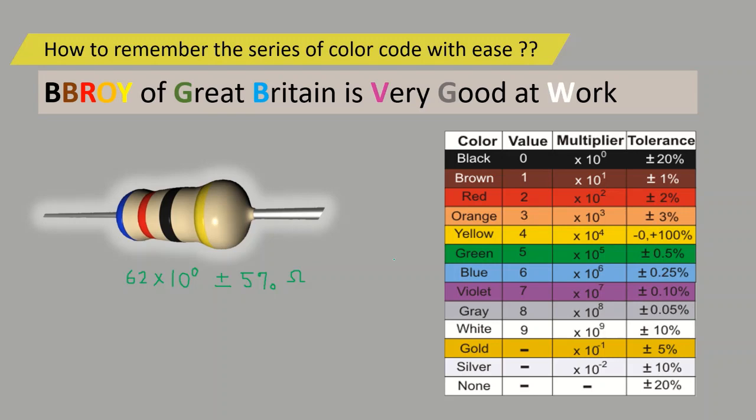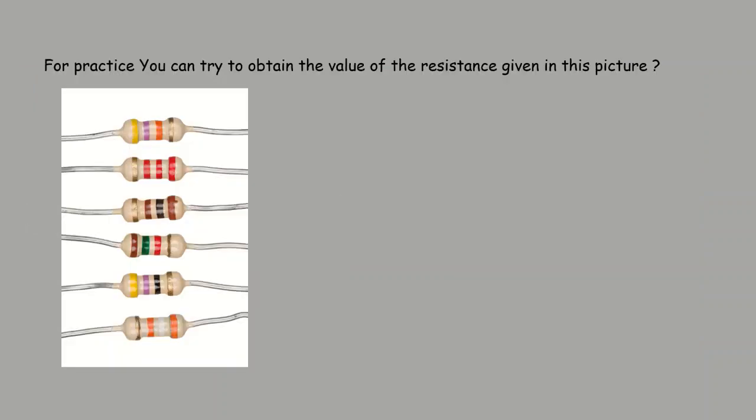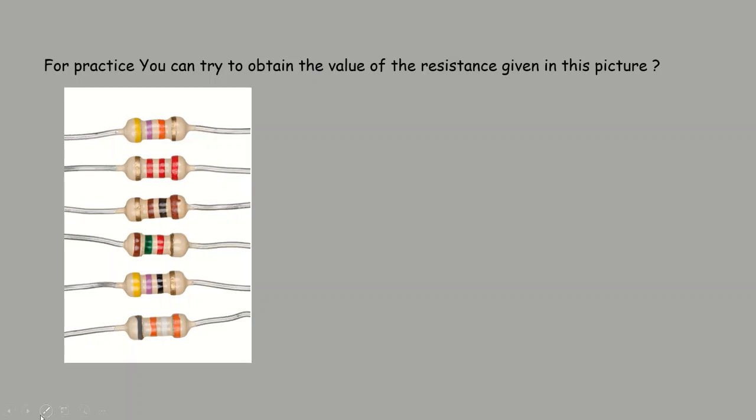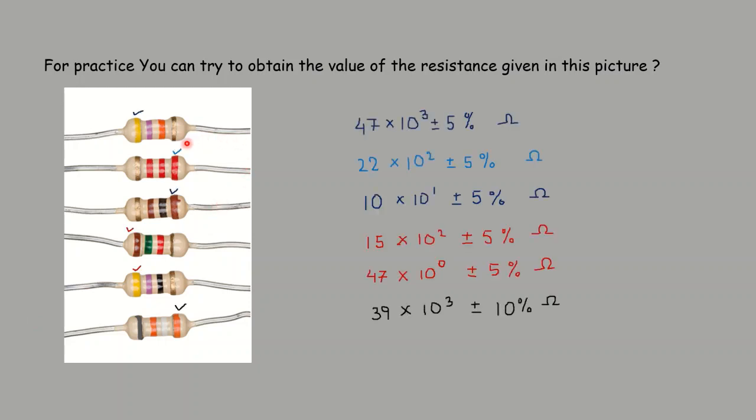As a part of exercise, you can try to find all these resistance values. Pause the video right here and try to obtain the values. You can find the answer, the value of the resistance which I have asked you to do. If you follow here, a small tick has been used to denote the starting band.